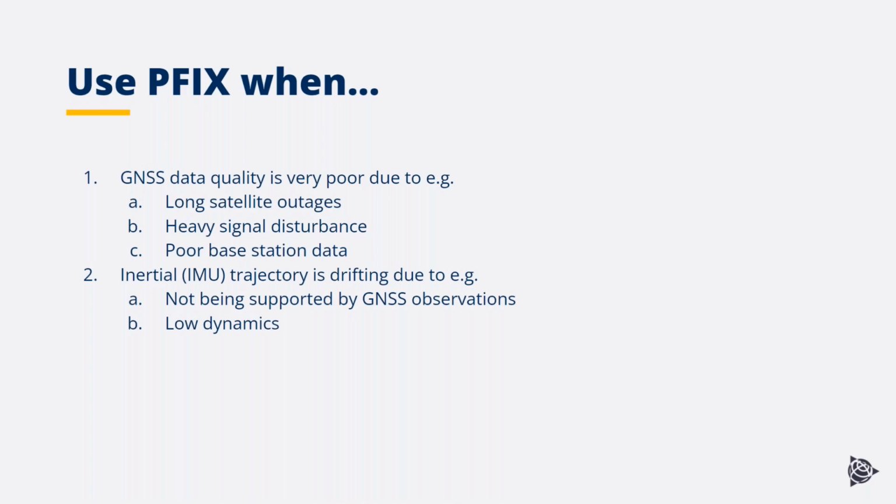This could happen, for example, in railways where you don't have a lot of accelerations and turns, or at slow speeds. And the IMU trajectory is more prone to drifting if you're using a lower grade IMU. It could drift and it will drift with even the high grade IMUs, but the magnitude of the drift is much bigger with the low grade IMUs, and it will start to drift earlier.